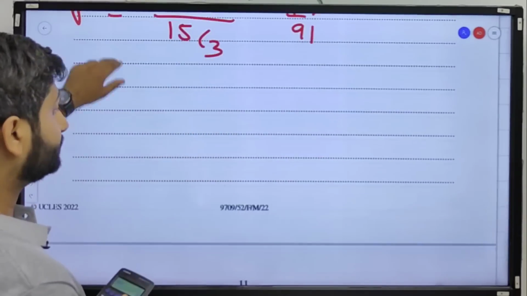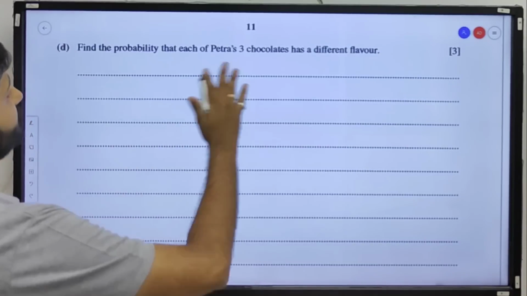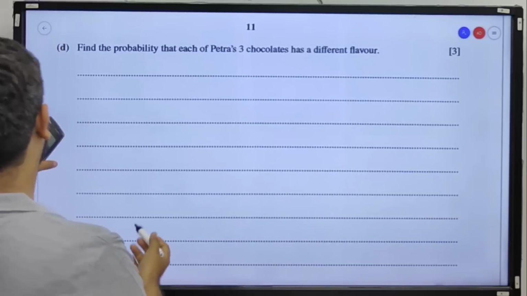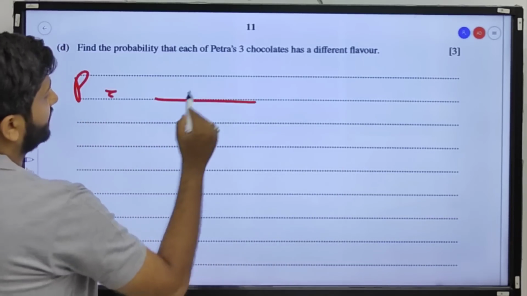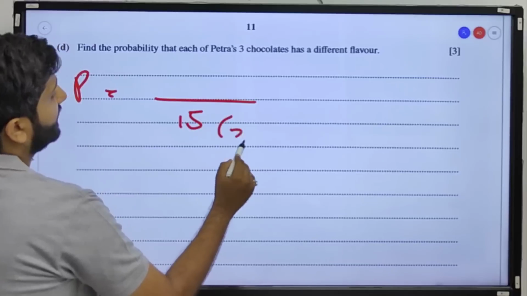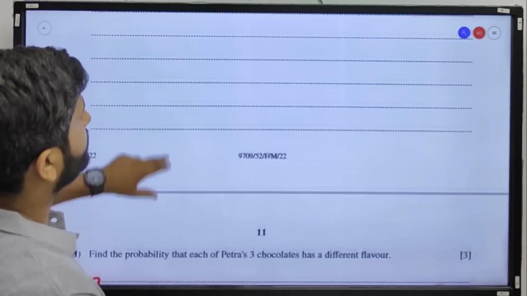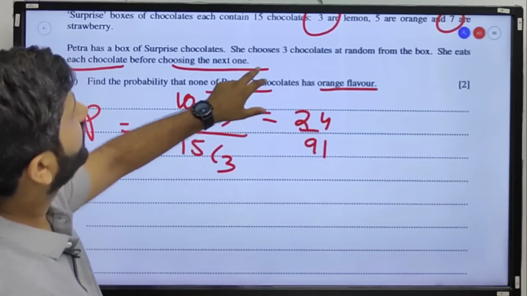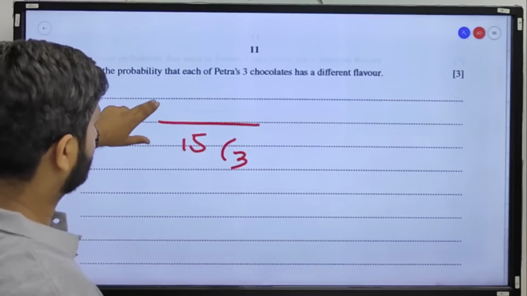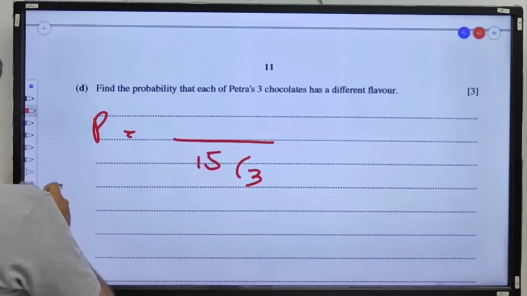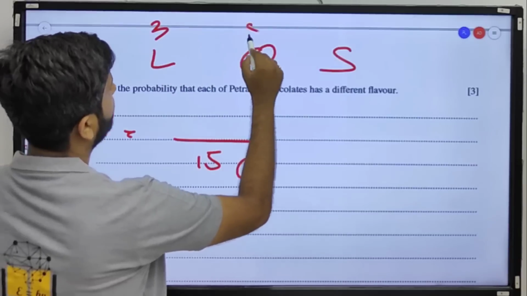Next part. Find the probability that each of the 3 chocolates has a different flavor. So 15C3 is the total. We have lemon, orange, strawberry: 3, 5, 7.